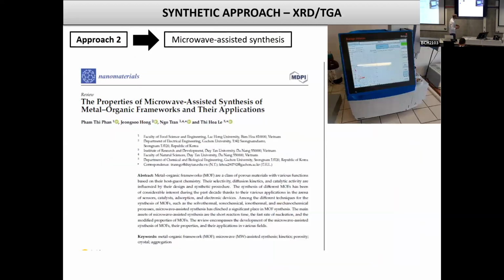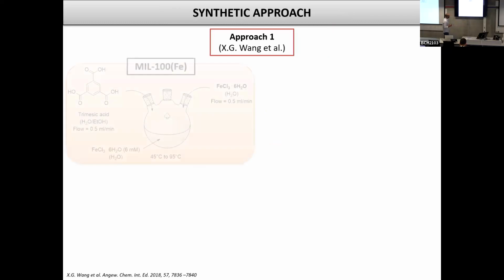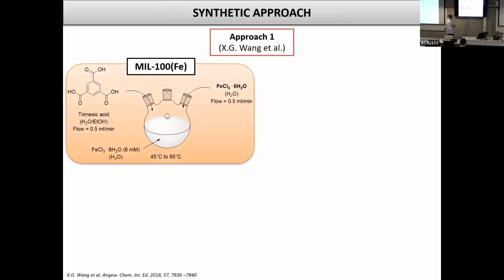And the second approach that we chose was the microwave assisted synthesis, which is known to favor nucleation over growth of the crystal.